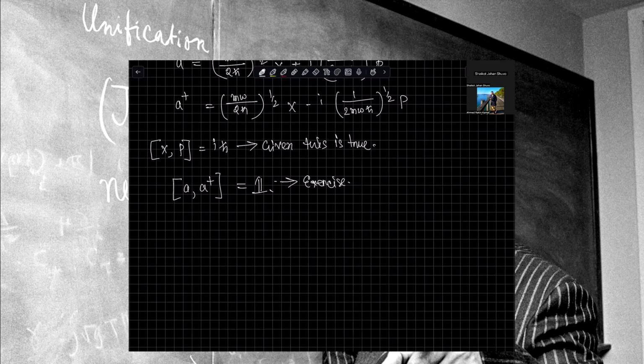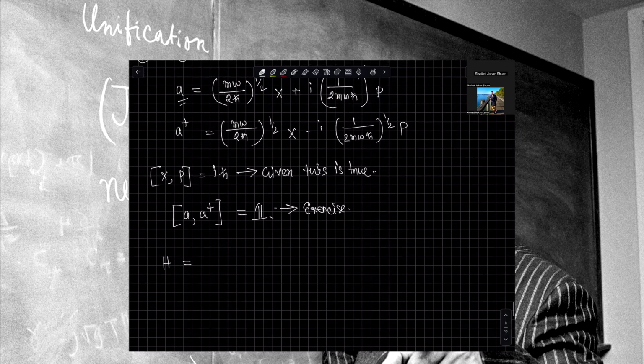With that in hand, let's try to write the Hamiltonian in terms of these new variables, a and a dagger. If we do that, it becomes h bar omega times a dagger a plus 1/2, if I'm not wrong.